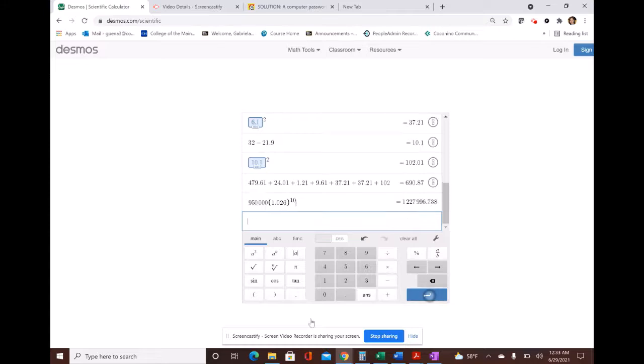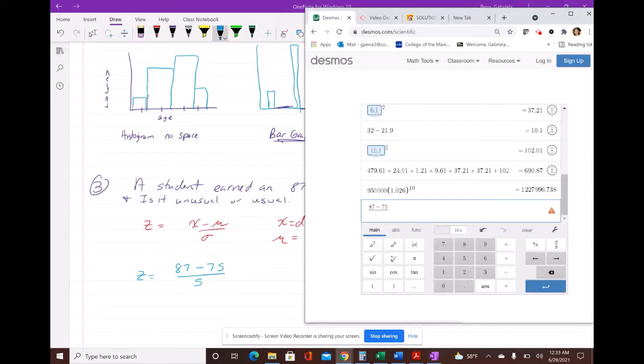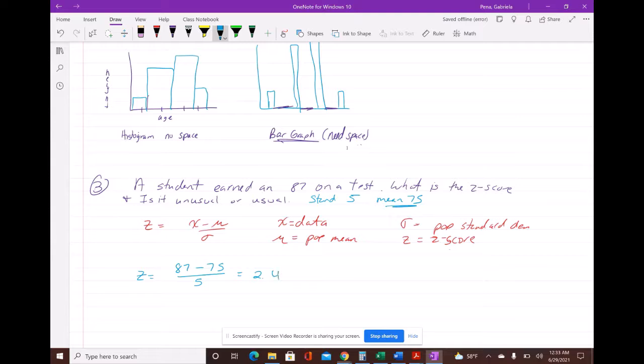I have 87 minus 75, divided by 5. So I get that my Z score is 2.4.